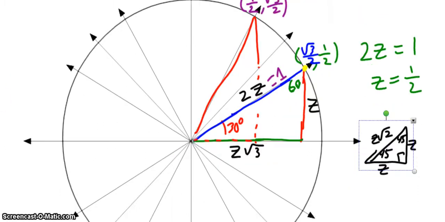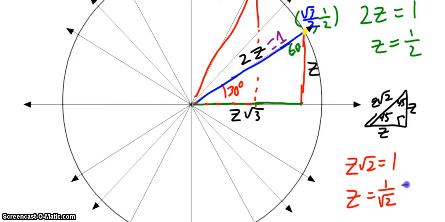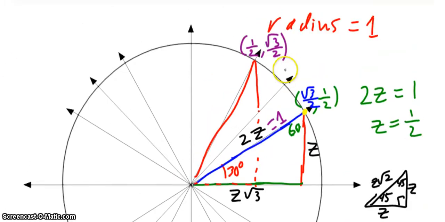But again, I know Z root 2 is 1, so Z equals 1 over root 2 or root 2 over 2. So I know here, and that is going to be true for both the x and y value, because both of those are Z in this case, because it's a 45, 45, 90 triangle.